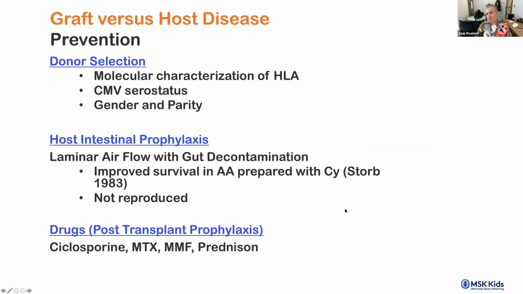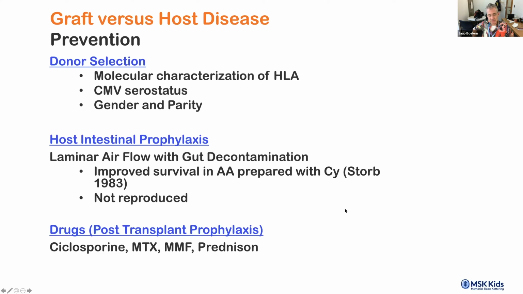So how can we prevent graft versus host disease? Of course we can select the best donor, a better matched donor, have CMV matched donors, go for a male donor instead of a female donor, and we can give prophylaxis with drugs, as those who have undergone a transplant or have a family member who has undergone a transplant know.